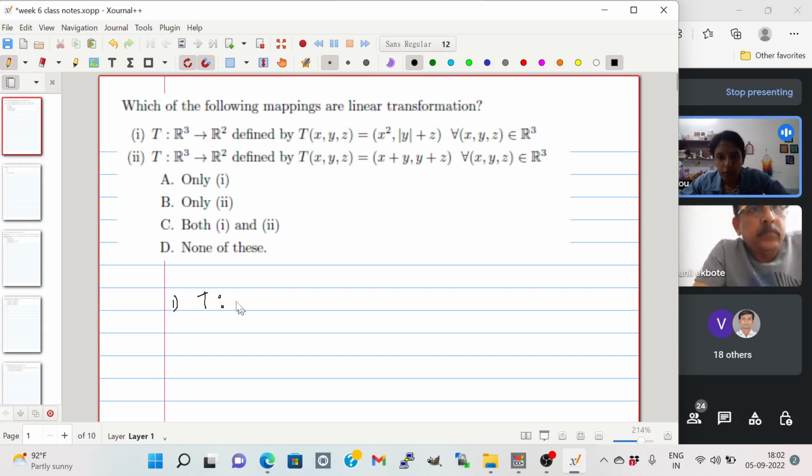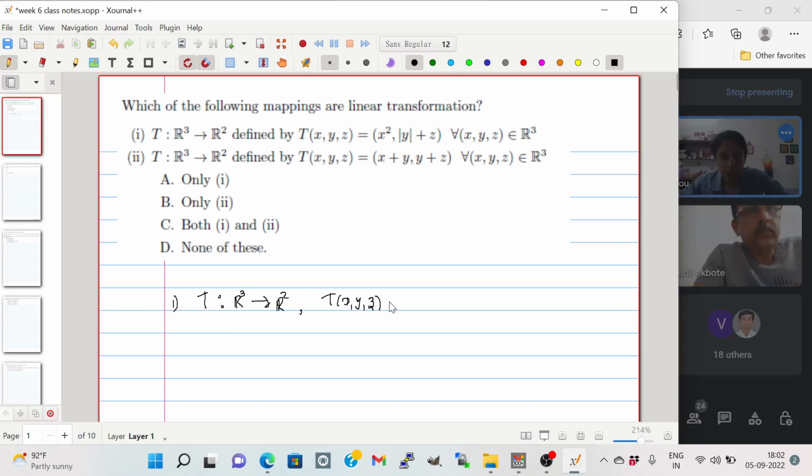First we have the T from R3 to R2. It is defined as T of xyz equals x square, mod y plus z, for all x, y, z in R3. Okay. So, what do you think? Is this a linear map or not?